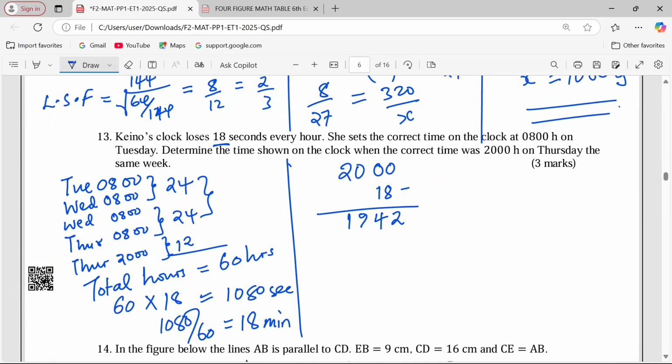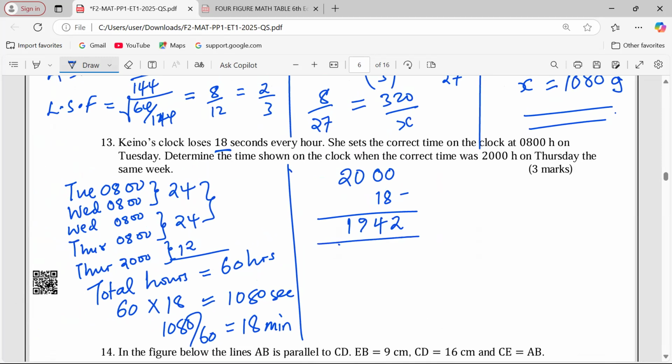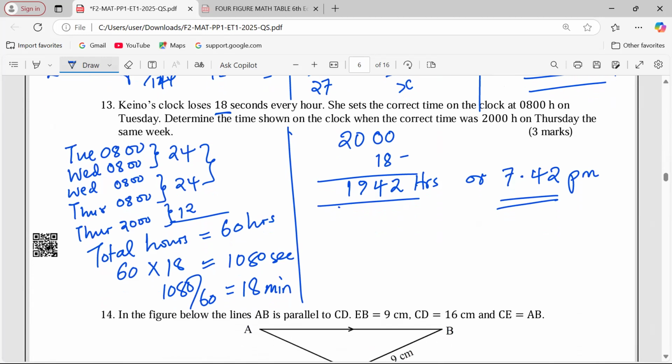So we can write the time as 19:42 hours or 7:42 p.m. on Thursday, the same day. So that is the time it will be reading. You must be in a position to evaluate that question in such a way.